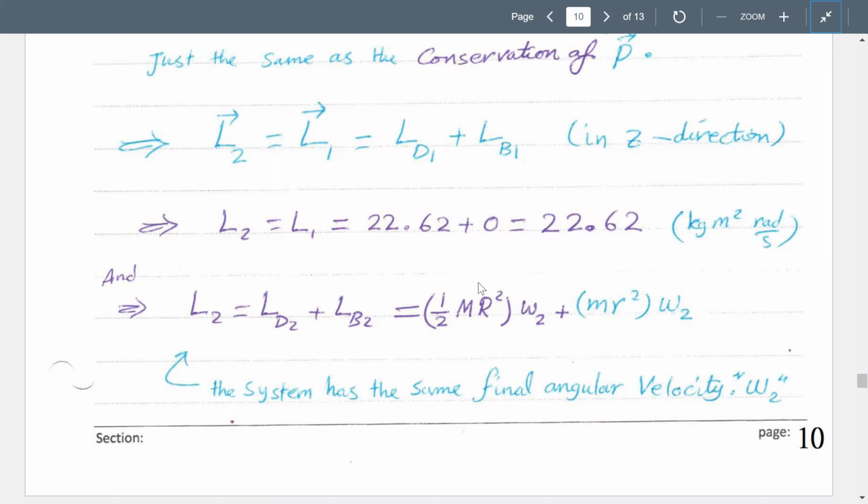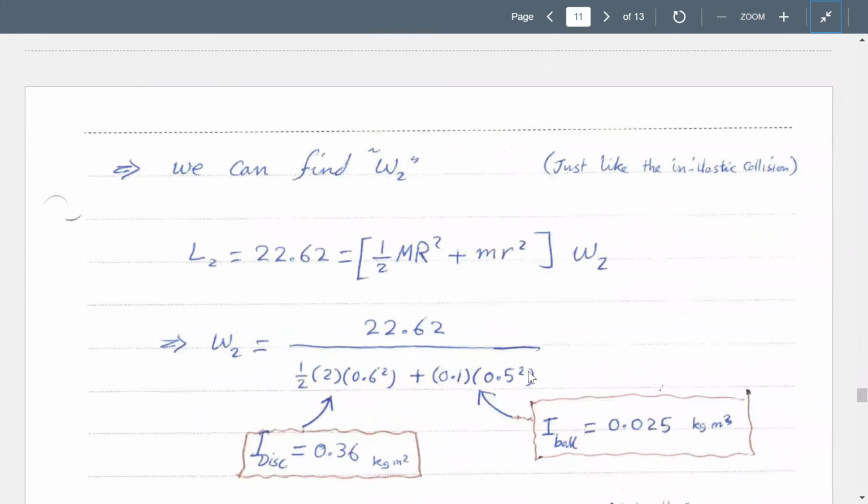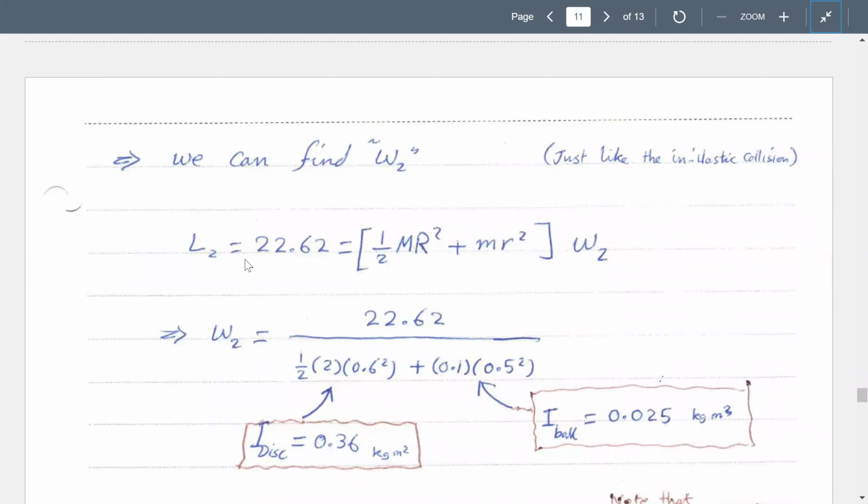And we have two moments of inertia, for the disk and for the ball. We can find now omega 2, the angular velocity after the collision. The total angular momentum is constant, which is equal to the total moment of inertia multiplied by the angular velocity.